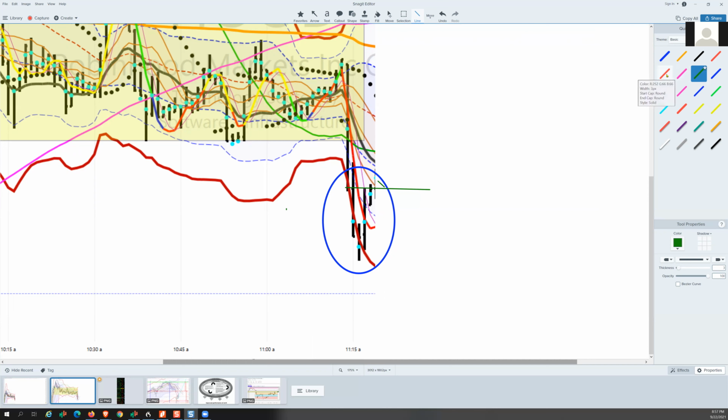You could either make that play right there at the bottom of the dragon. I wouldn't be offended by that. Or you might just take the Z3 line or the swing low. Either one of those, as long as you get that entry in.